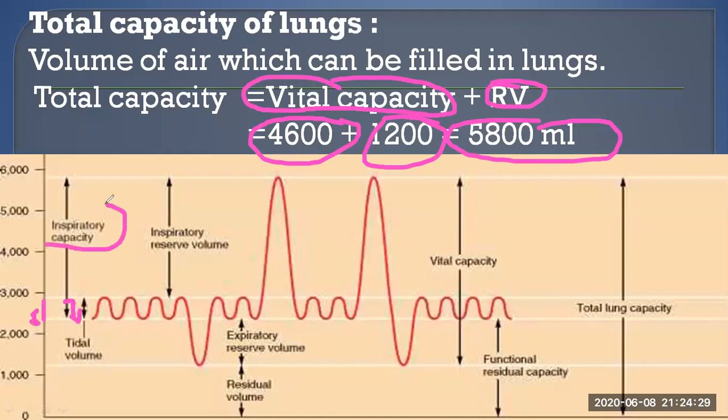After that, inspiratory capacity. Capacity we will discuss later. Firstly, we will see the volume. Here they have given the residual volume. Residual volume is 1200 ml. From here to here, that means 1000, and this is the value of 1000.